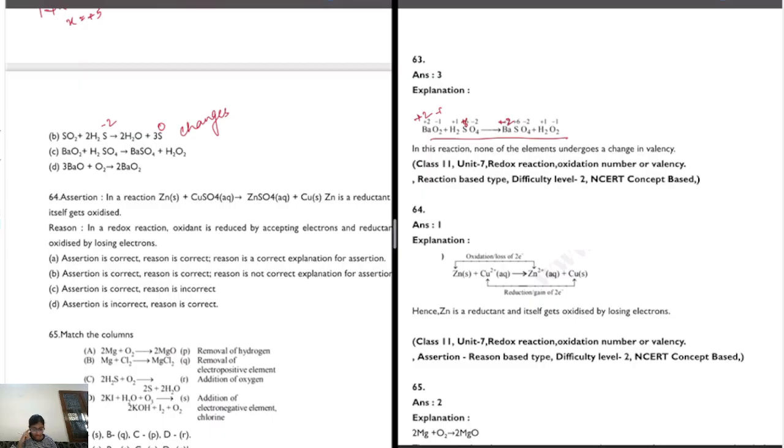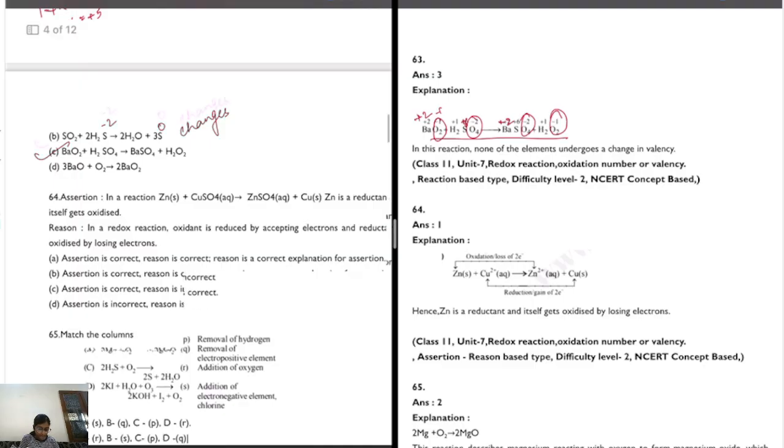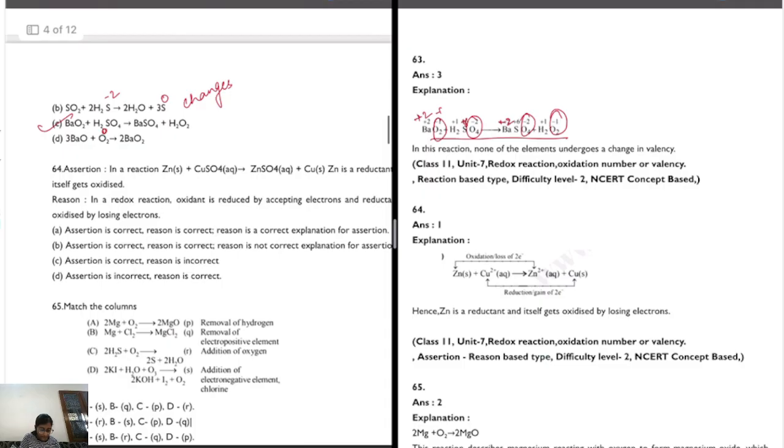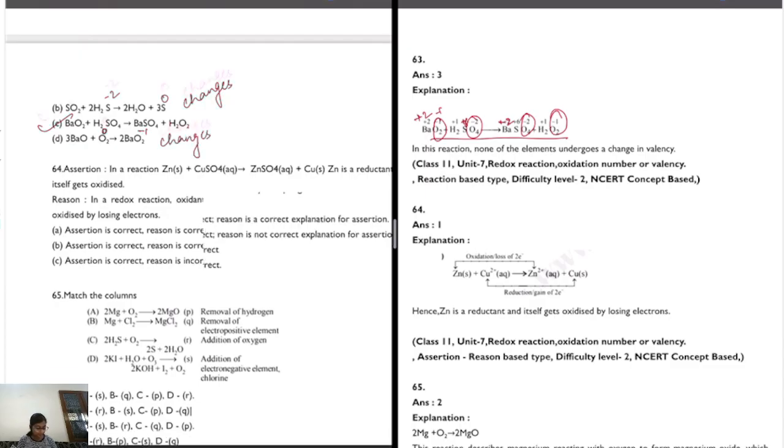Every element's oxidation state remains the same. -2 for oxygen here, and here it is peroxide case, so therefore it is -1. Therefore, this is the correct option C. Because here also it is changing. You see, here it is 0. Here it would be -1 because it is barium peroxide. So in this case also it changes. Therefore, option C is the correct answer.